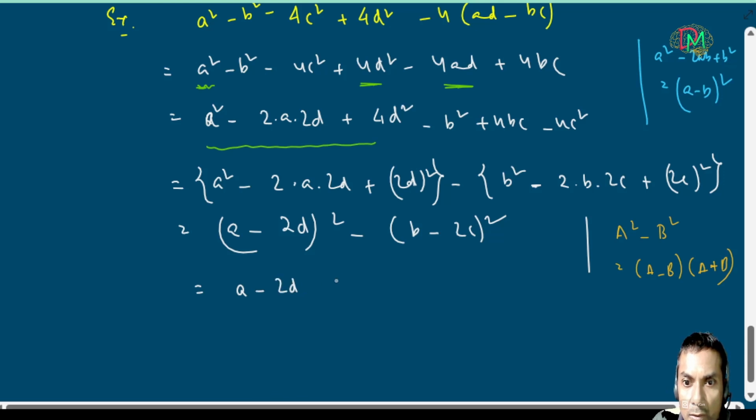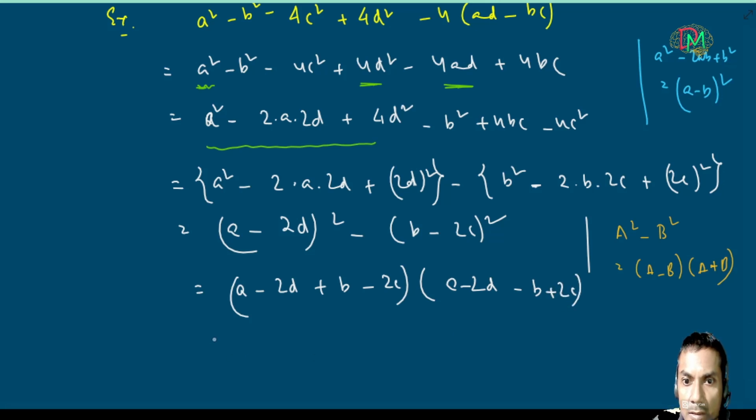A minus 2D plus B minus 2C into A minus 2D minus B plus 2C.